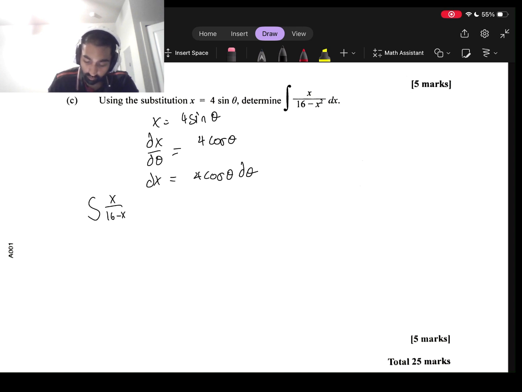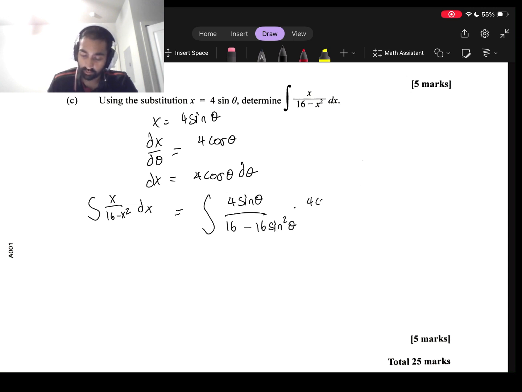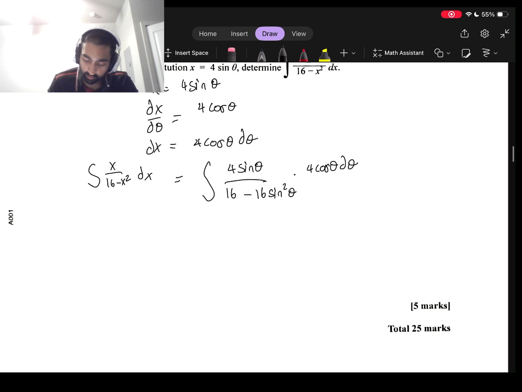So x is 4 sine theta, right? So it's the integral of 4 sine theta over 16 minus 16 sine squared theta, and then dx is times 4 cosine theta d theta. And now I could cancel the 16s on top and bottom. So I'll get the integral of sine theta cosine theta over (1 minus sine squared theta) d theta.